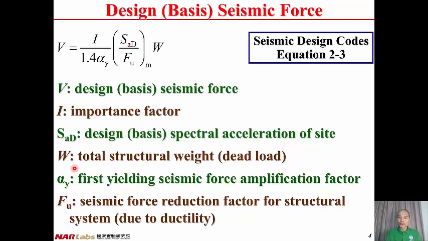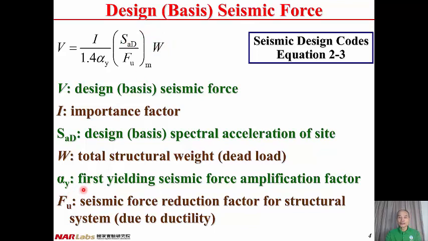W is the total structural weight, that is, the dead load of the structure. SAD times W can be considered as the inertial force of the building. Therefore, the design basis seismic force is proportional to the inertial force of the building, that is, the product of SAD and W.